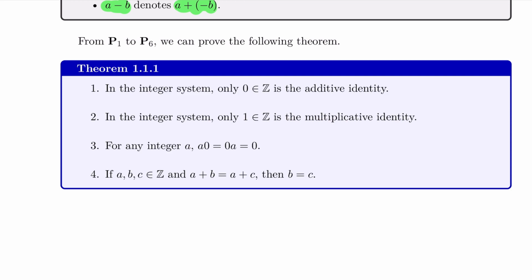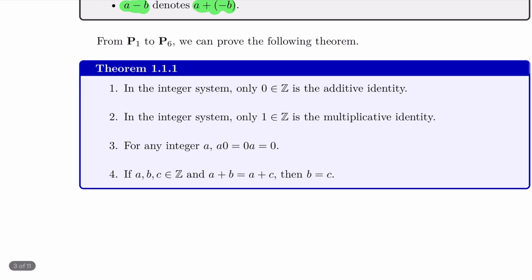The third one, for any integer a, a times 0 equals 0 times a equals 0, meaning that 0 times an integer becomes 0. The fourth one, if a, b, c are integers and a plus b equals a plus c, then b equals c. It's like a cancellation, right? Additive cancellation.